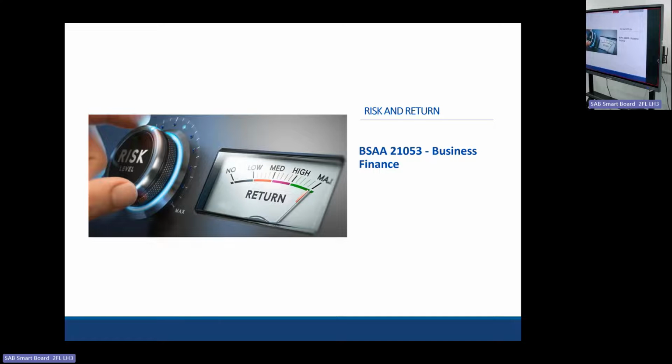You can invest in a fixed deposit. You can invest in treasury bills. You can invest in the stock market. You can invest in corporate bonds. Like this, there are different investments, and these different investments have different degrees of risk.